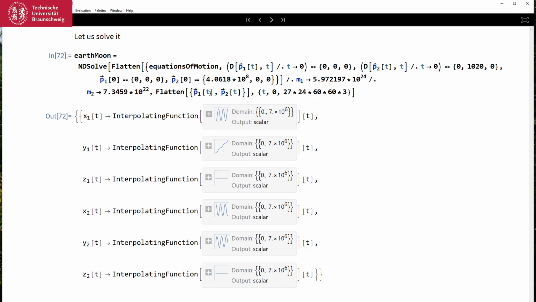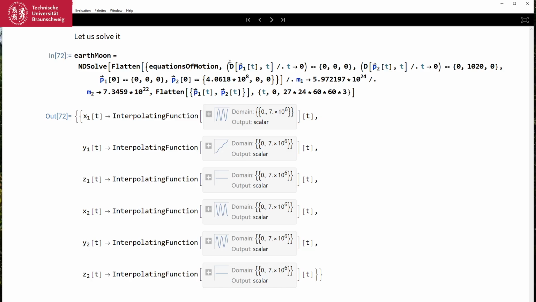And then I put the Earth at position 0 and the moon at position 0.4 billion meters away. And then I do the substitution of the mass of Earth and the mass of the moon.